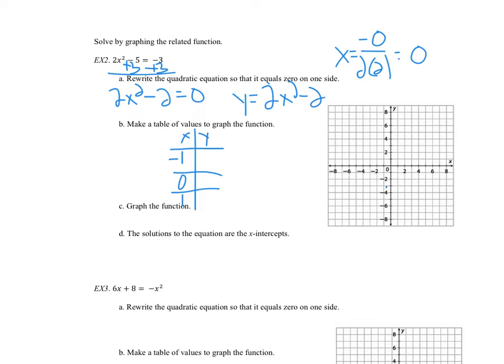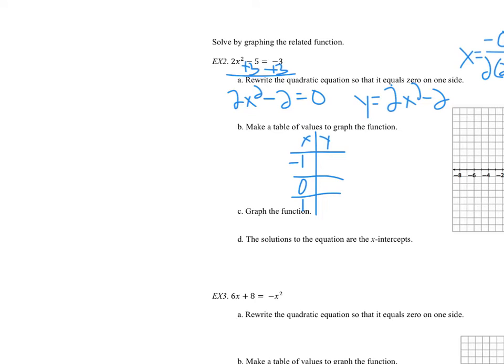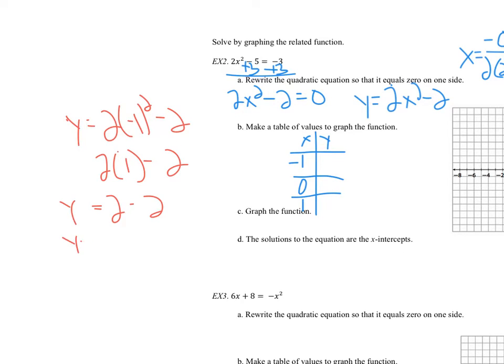As we substitute those in, we get y equals 2 times negative 1 squared minus 2, which is positive 1 here, and then 2 minus 2 is 0, so we get 0 for that one.